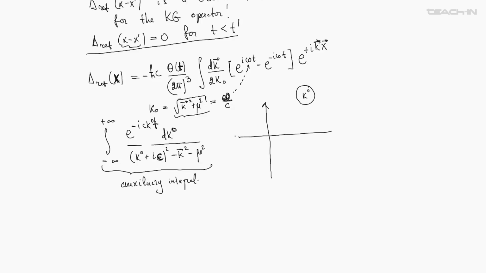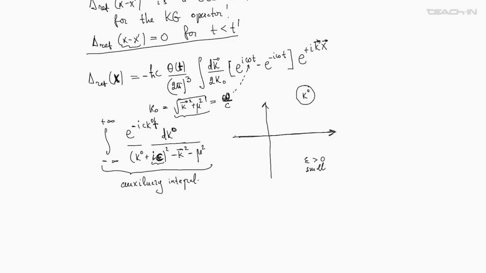But if I look at the denominator and forget about this little piece I'm adding to k0, epsilon is positive and small, and i epsilon is therefore a little shift in the imaginary direction.